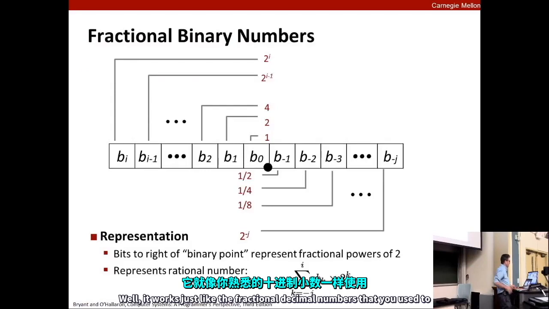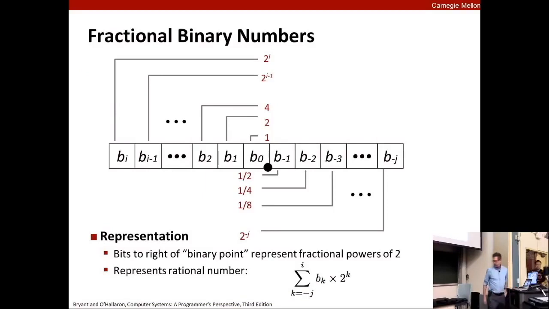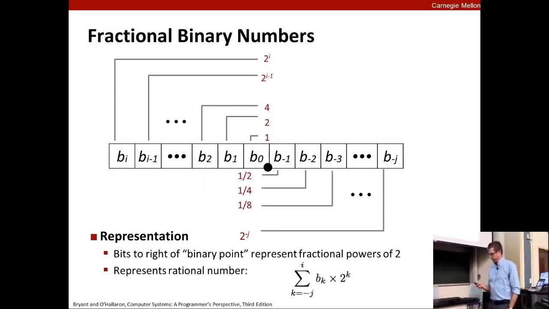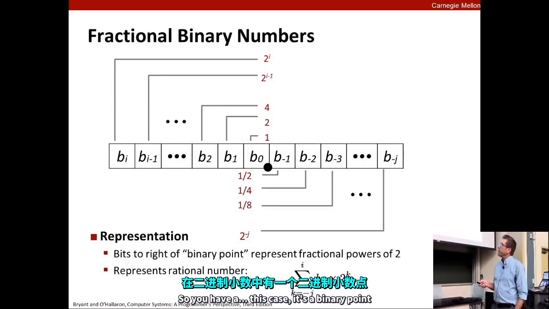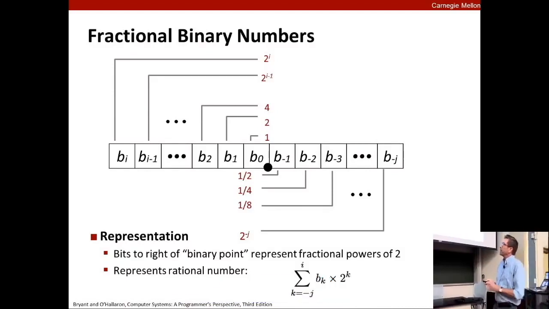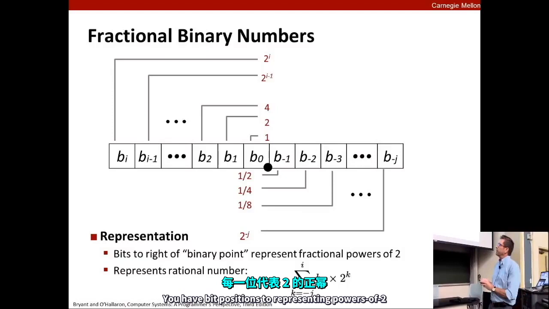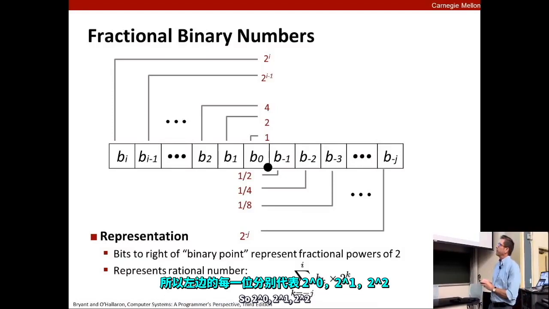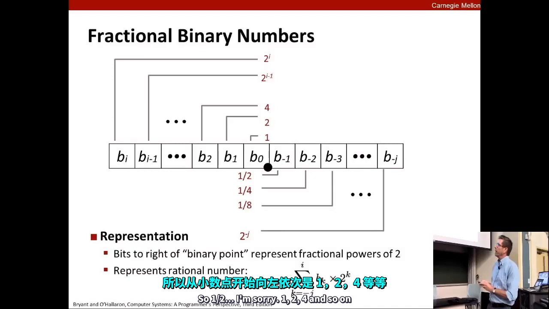Well, it works just like the fractional decimal numbers that you're used to. In this case, it's a binary point, and to the left of the binary point, you have bit positions representing powers of 2. So 2 to the 0, 2 to the 1, 2 to the 2: 1, 2, 4, and so on.